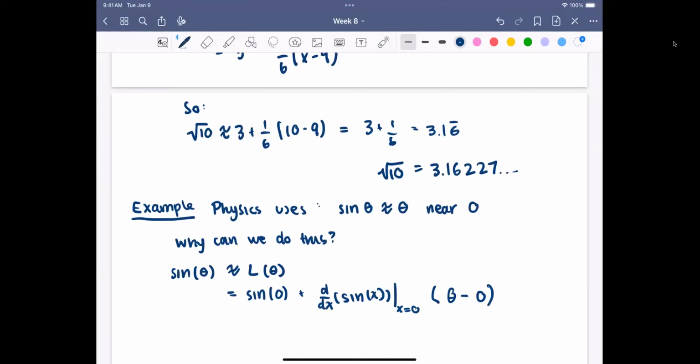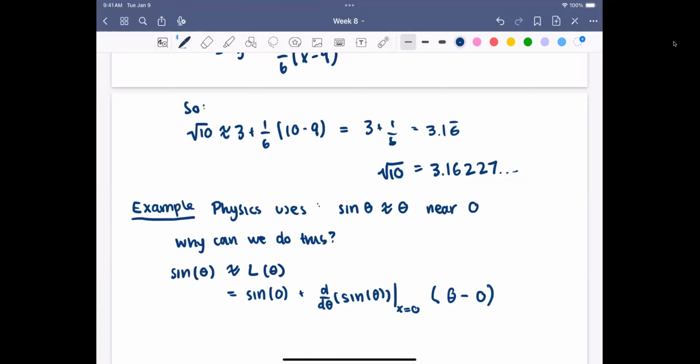This is just plugging in everything from our problem, so our choice of f, which is sine, and our choice of a, which is 0, into the equation for L of x, or in this case L of theta. I'll put theta here. Okay, what's the derivative of sine?